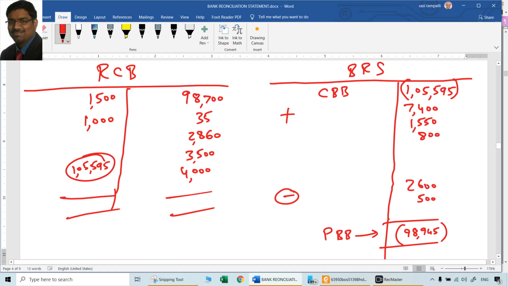I think here the calculation is wrong. This is not 105,595. Rather it is 106,595. Recheck that calculation. 98,700 plus 35 plus 2,860 plus 35 plus 4 minus 1,500 minus 1,000 is 106,595.